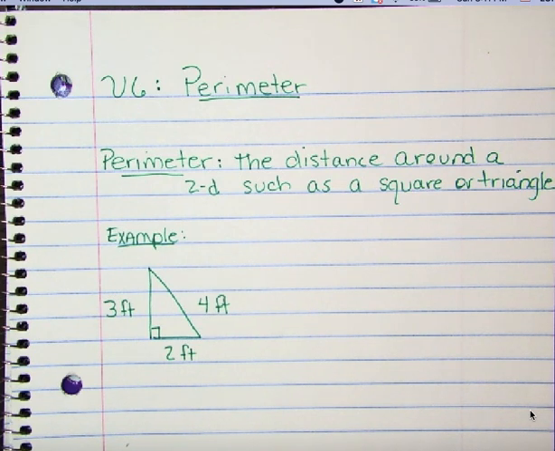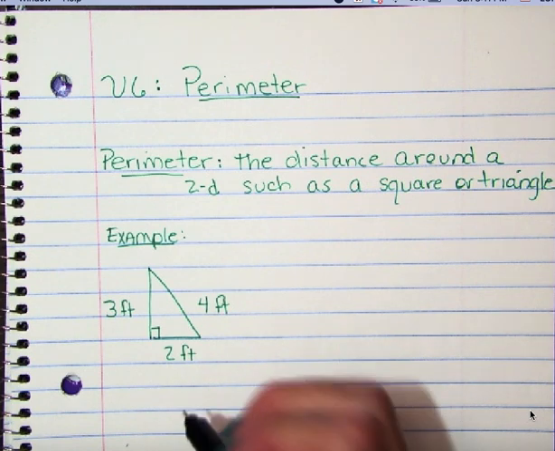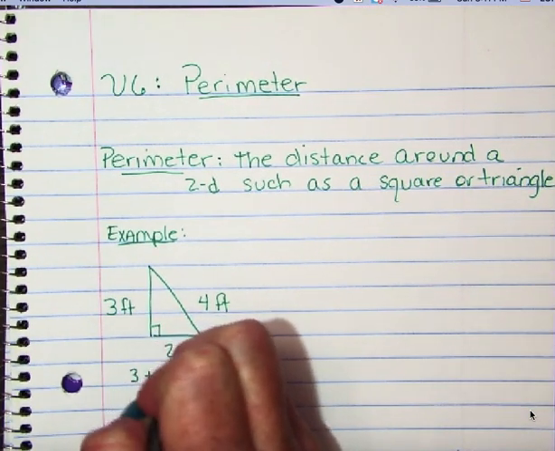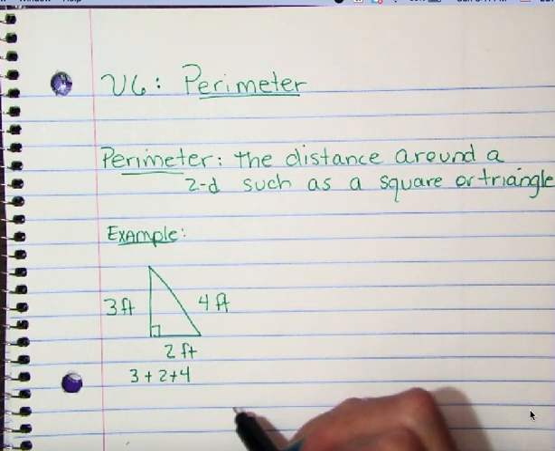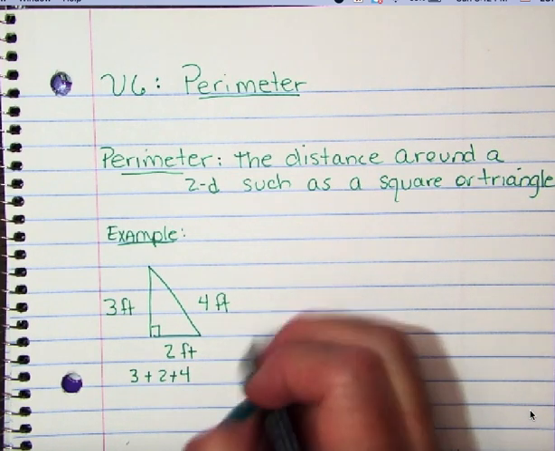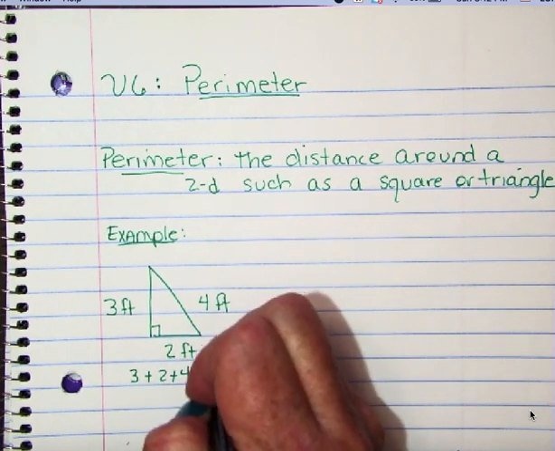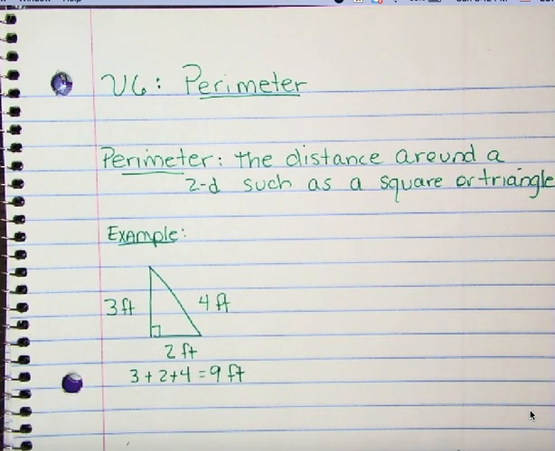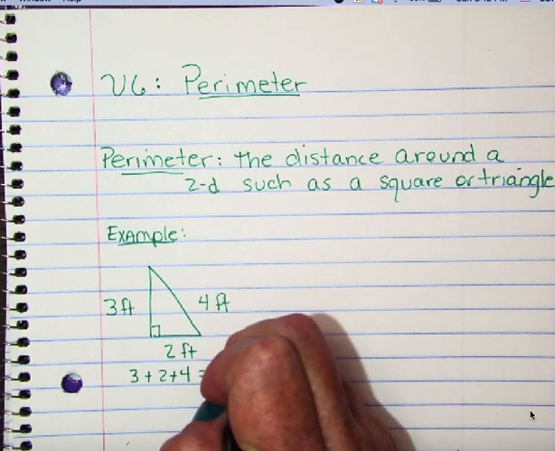So once we know our measurements of each side, very simple. All we have to do is add 3 plus 2 plus 4. 3 plus 2 is 5 plus 4. So our perimeter is 9 feet. Make sure you don't forget your feet.